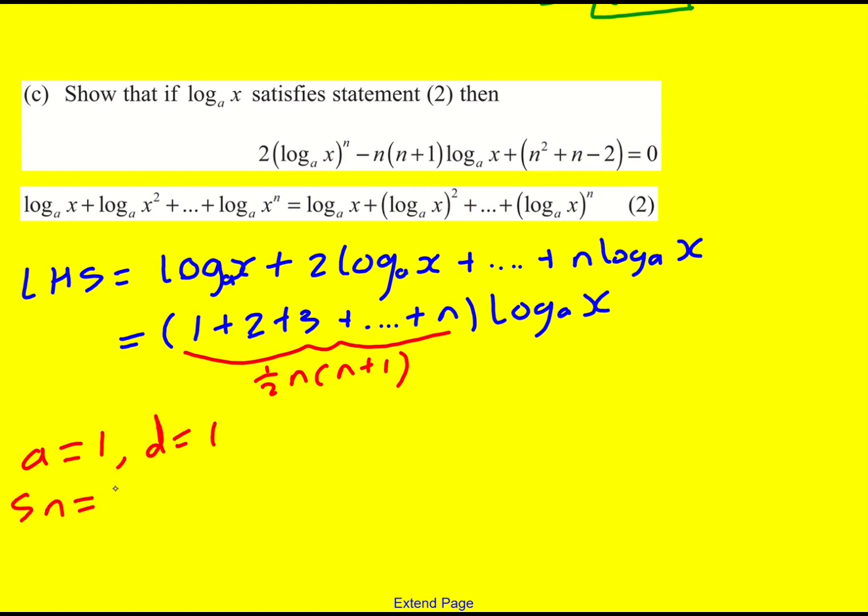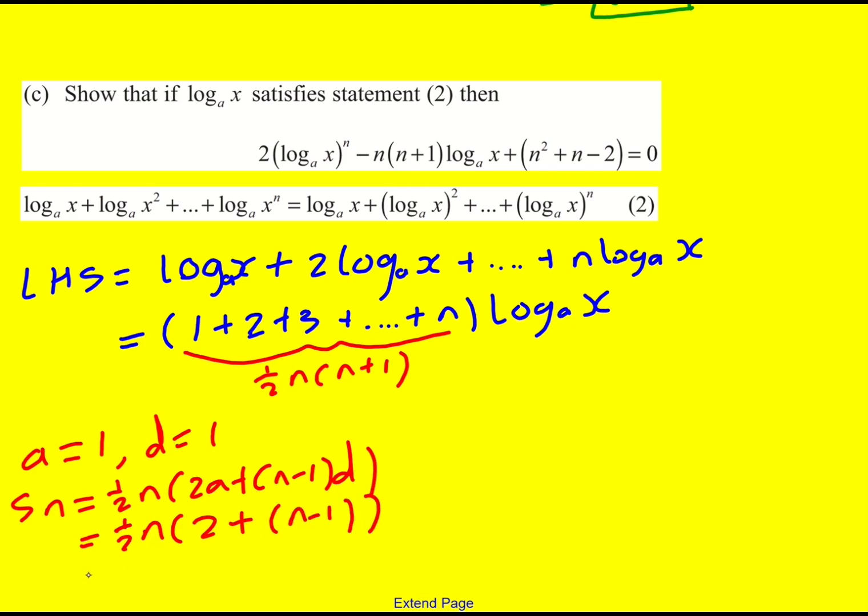Then Sn is a half n times 2a plus n minus 1 d, which becomes a half n times 2 plus n minus 1, which is a half n times n plus 1. But this is our left-hand side then. It's simply going to be a half n plus 1 times log to base a of x.